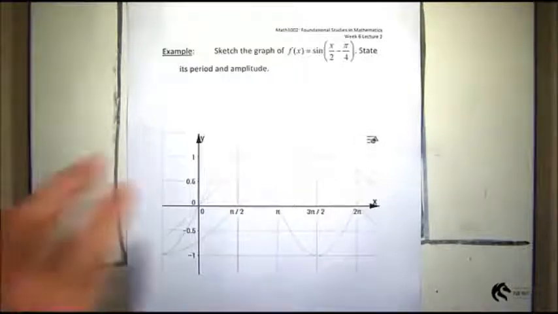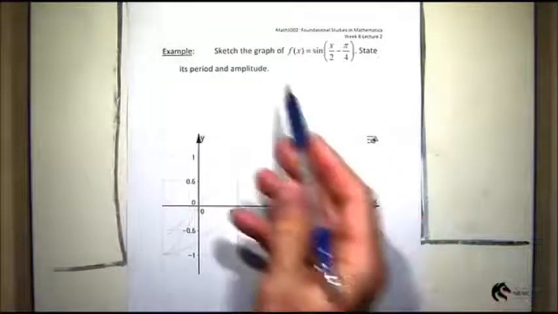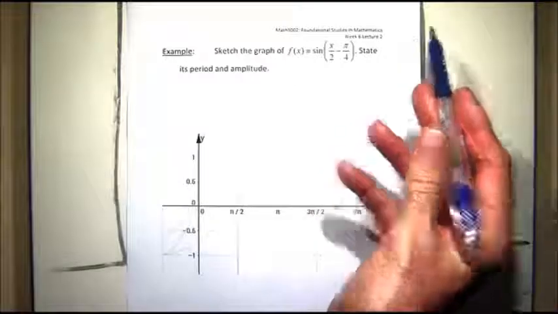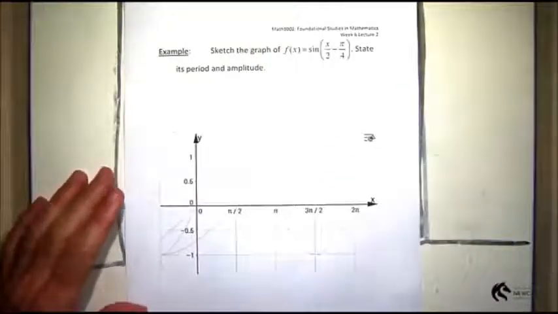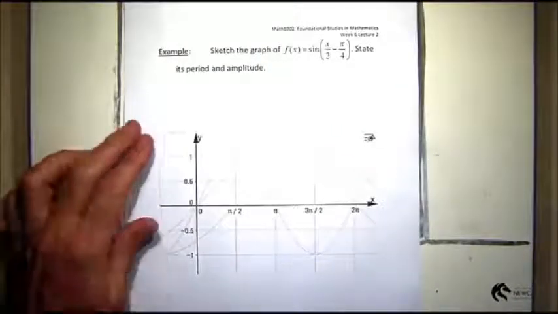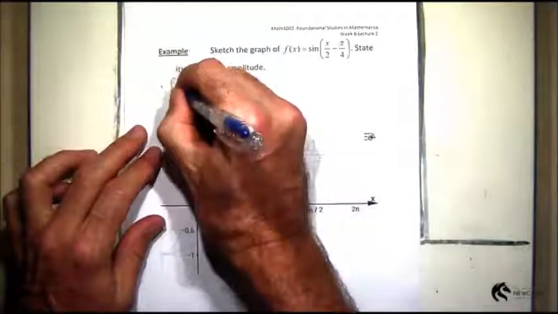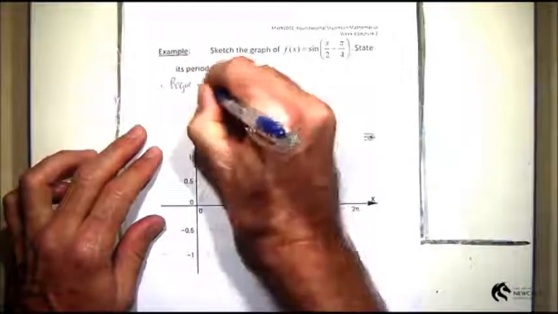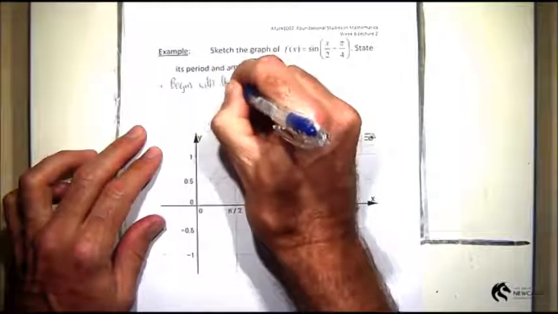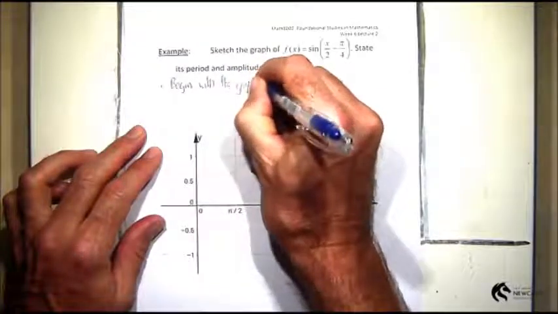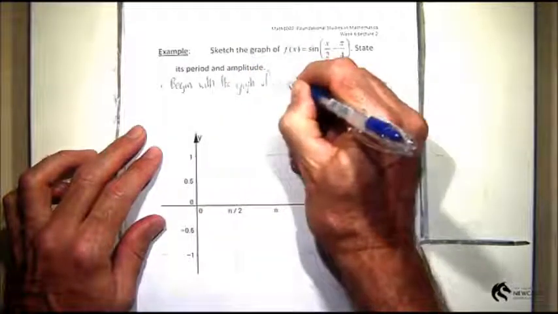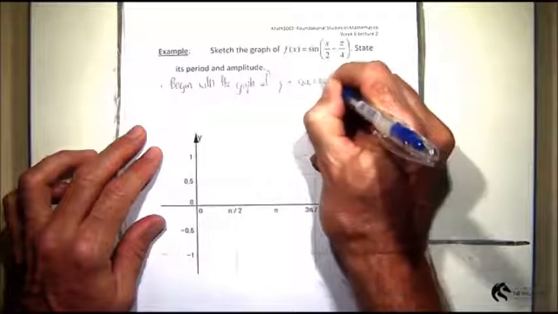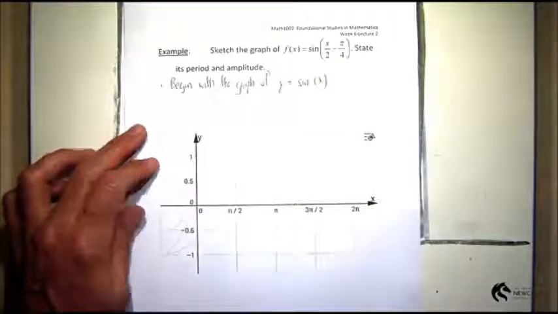So, as always, it's a general trig function. When you try to draw its graph, start by looking at the basic trig function. So begin with the graph of y is equal to sine x. Start off with the simple one.